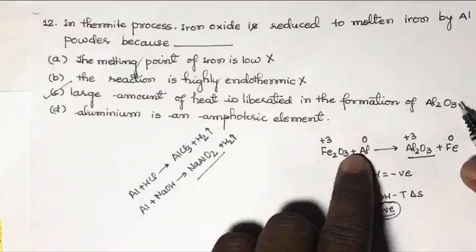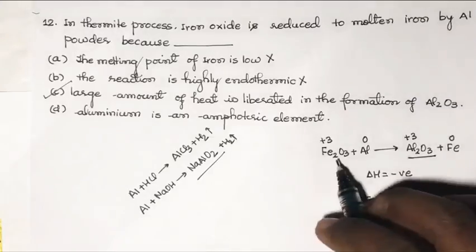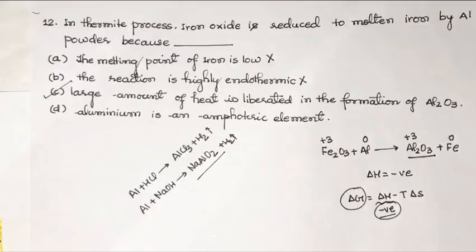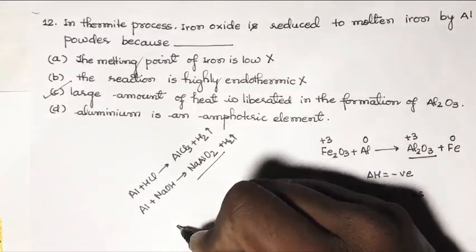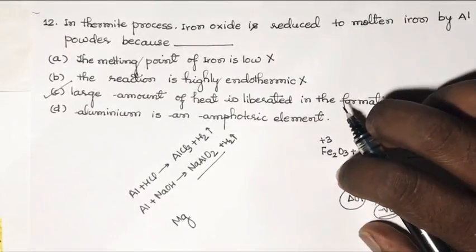So it has great tendency to react with oxygen. So aluminum just extracts the oxygen from the Fe2O3 and itself gets oxidized. For example, Mg also has very high affinity for oxygen.